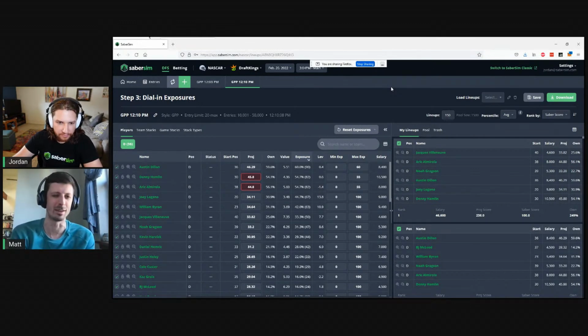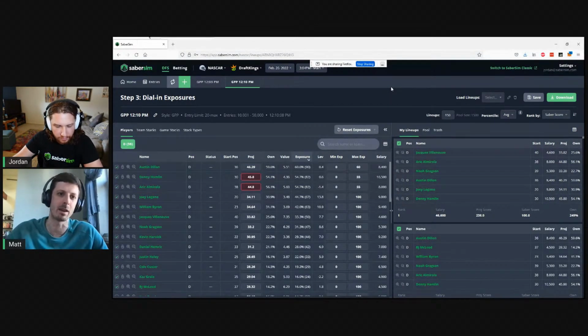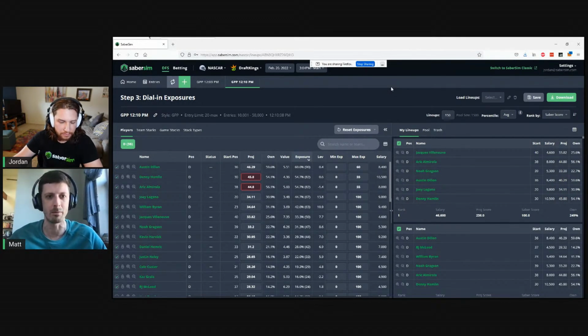That's not something you can really do easily with rules, but it'll happen more naturally when you use a simulation-based builder, where most of them are not going to have a bunch of guys in the top 10, but maybe there's a couple, because that can happen in a race, and you want your exposures to somewhat match the probability of those outcomes happening.